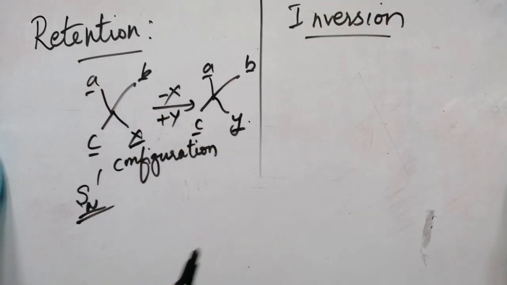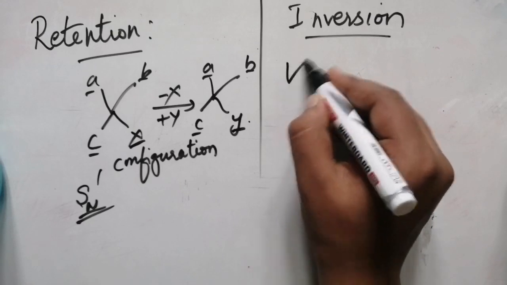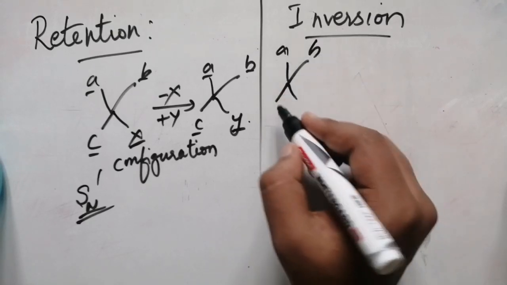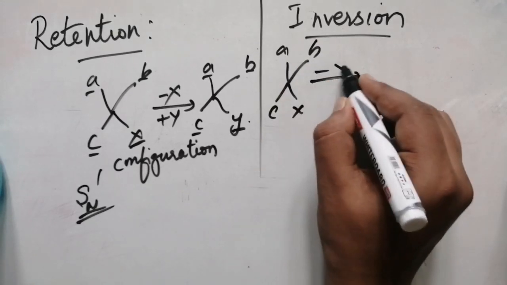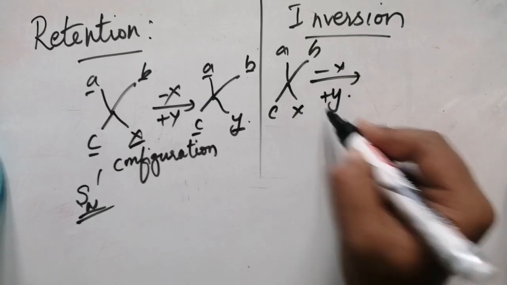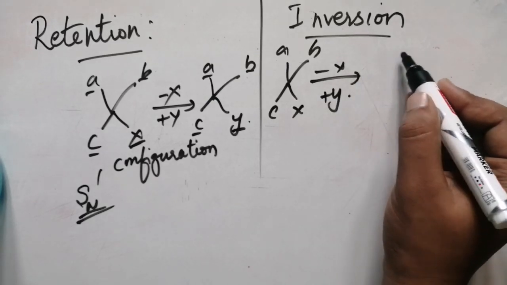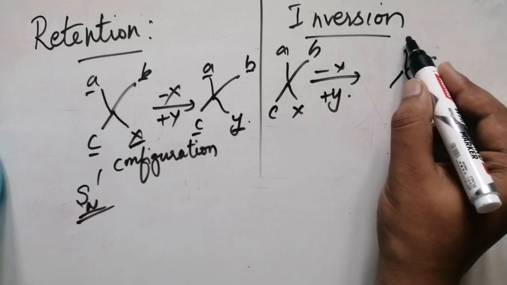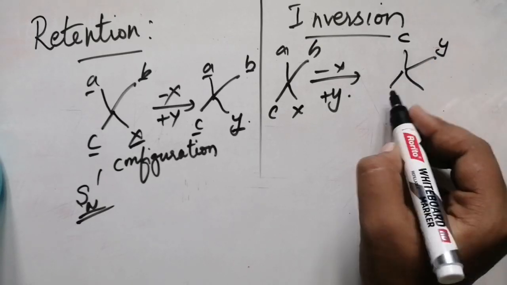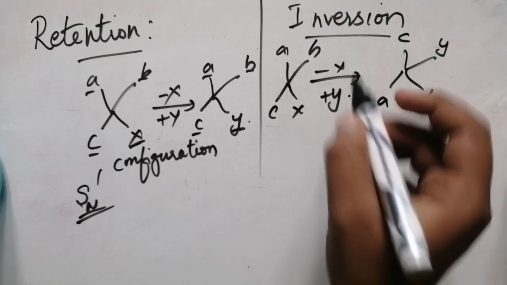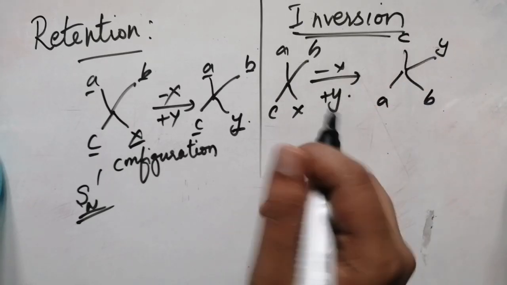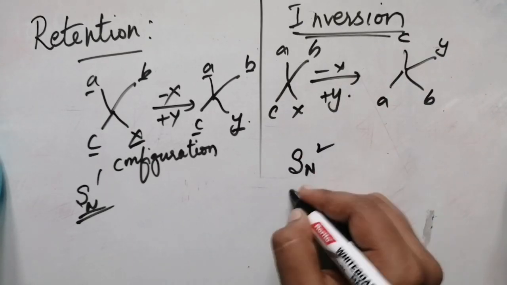What is inversion now? If the arrangement reverses by 180 degrees, taking the same example of A and B, then it is called inversion. The SN2 mechanism follows this.